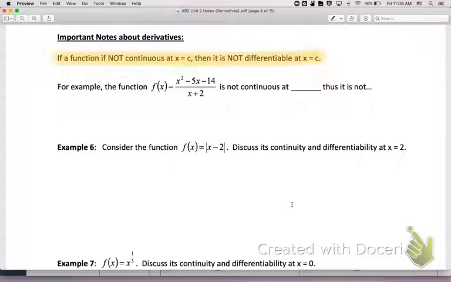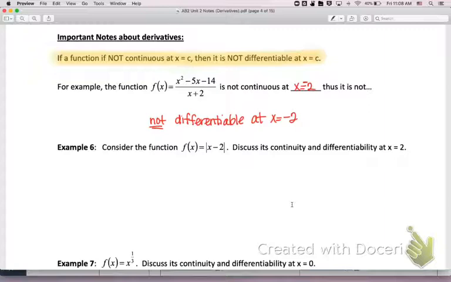For example, if we look at this function here, since this function is not continuous at x equals -2, that means the function is not differentiable, meaning we cannot take the derivative at x equals -2, not +2.